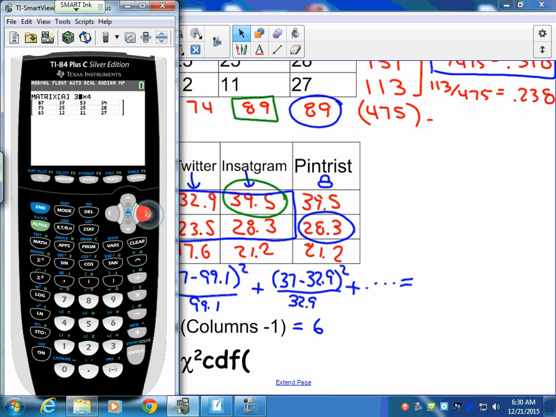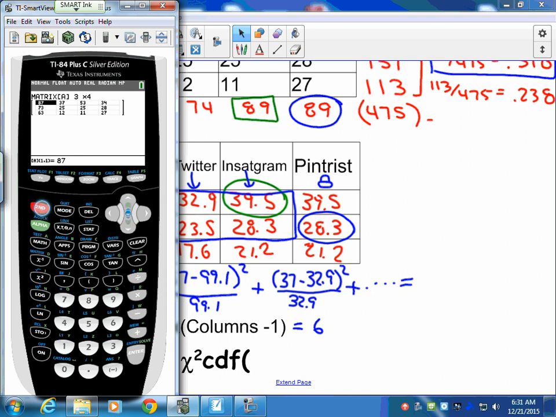So this is a 3 by 4 matrix. So 3 enter, 4 enter. And then you just go through and enter your individual data values. Fill in the table overall. Always double check your entries to make sure that you've entered them all correctly. That's the number one mistake that happens in a lot of these problems, is an entry mistake.